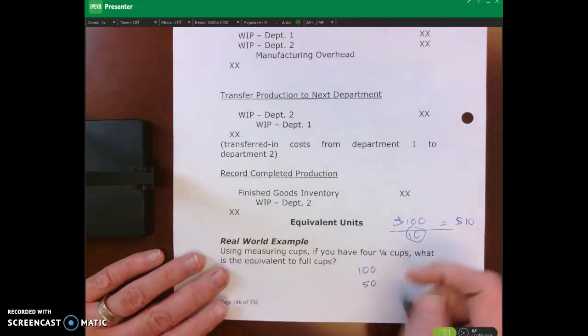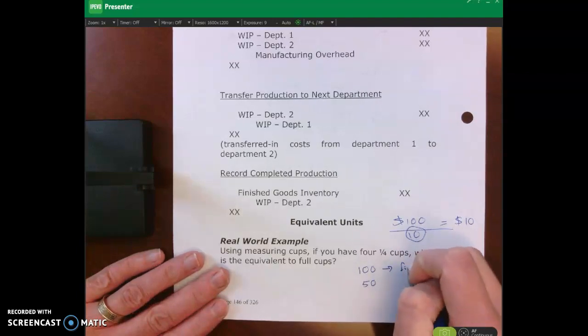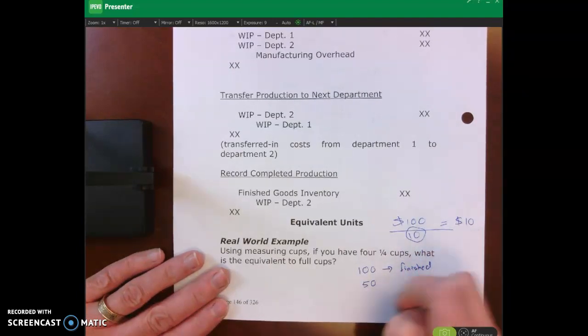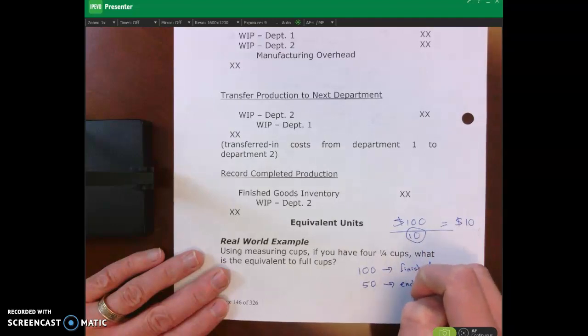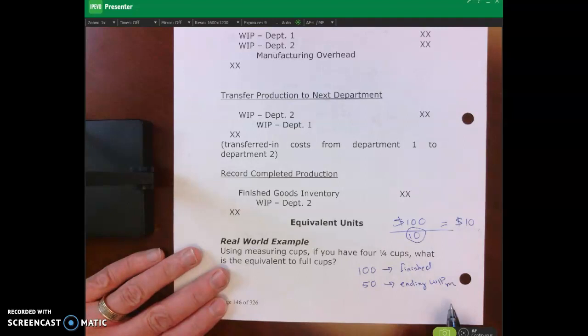So these are finished. And then this 50 is an ending work in process mixing. The M stands for mixing. But let's say of those 50, it's 50% complete.